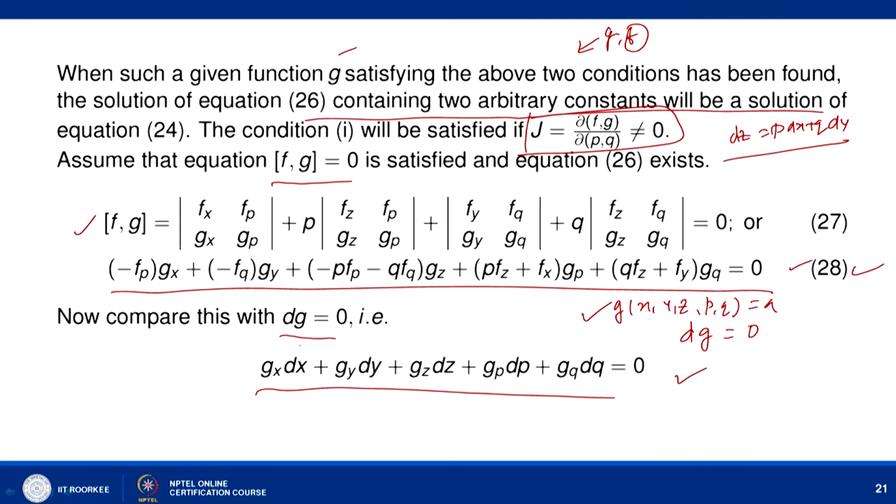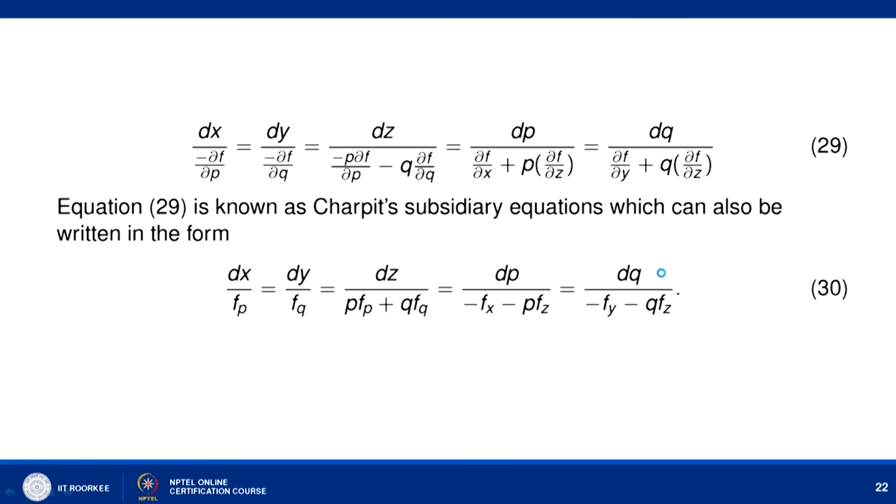dx upon minus fp, dy upon minus fq, dz upon minus pfp minus qfq, dp upon fx plus pfz, and dq upon fy plus qfz, and we have a set of equations which is known as equation number 29, and we call this the Charpit subsidiary equation.